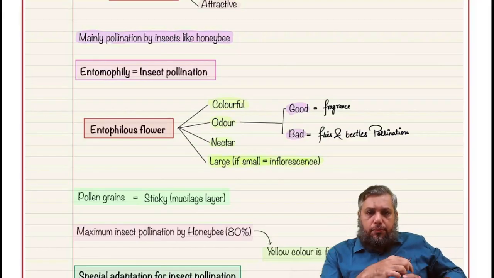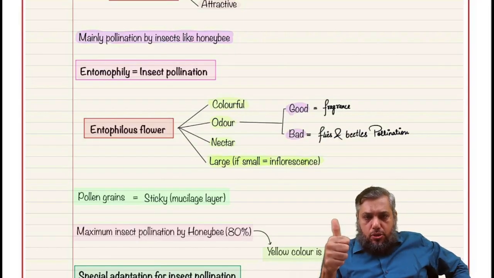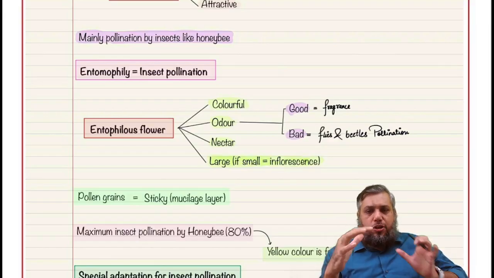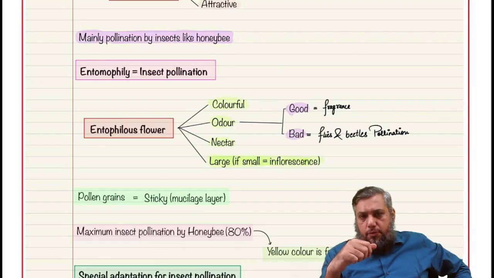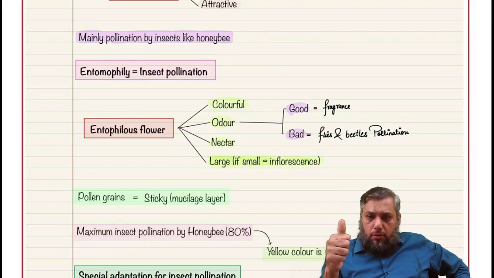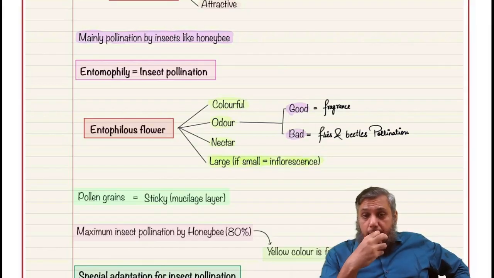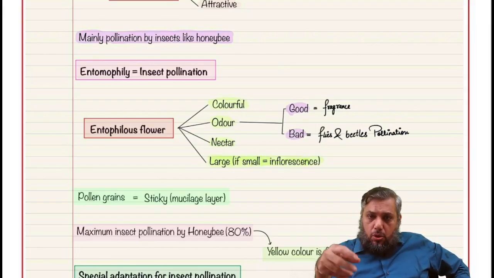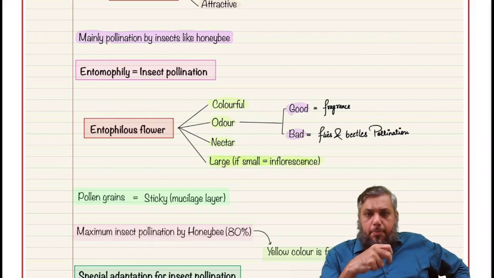For that, the flower has to be large. If the flower is small, it should be grouped into an inflorescence. The flowers should be colorful. They should produce nectaries. Either it can have a good fragrance or a bad odor, because flies and beetles are attracted towards bad odor.